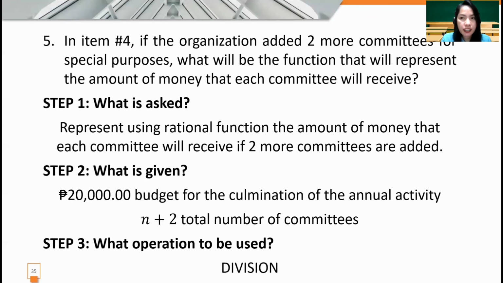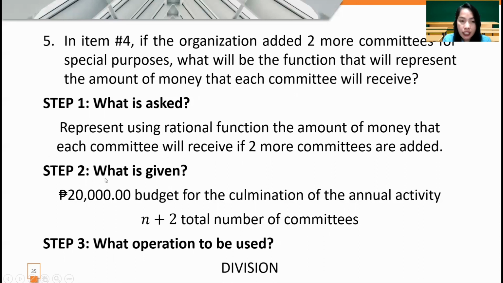And for item number 5, the problem is in item number 4, if the organization added 2 more committees for special purposes, what will be the function that will represent the amount of money that each committee will receive? For step 1, ito yung hinihingi sa problem, dinagdag lang, meron daw nadagdag na 2 committees.